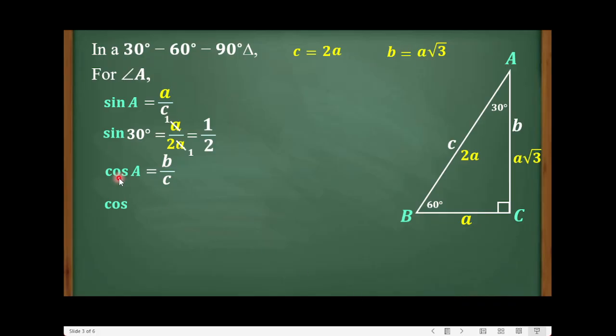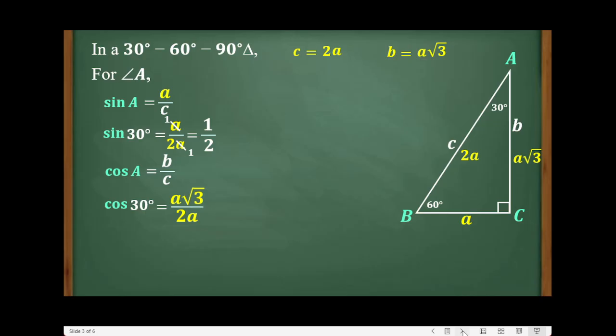So the resulting fraction would be what? Of course, cosine of A is replaced by 30 degrees because we are referring to angle A. So cosine of 30 degrees is equal to a square root of 3 for b, and for c, that is 2a. So that is divided by 2a.